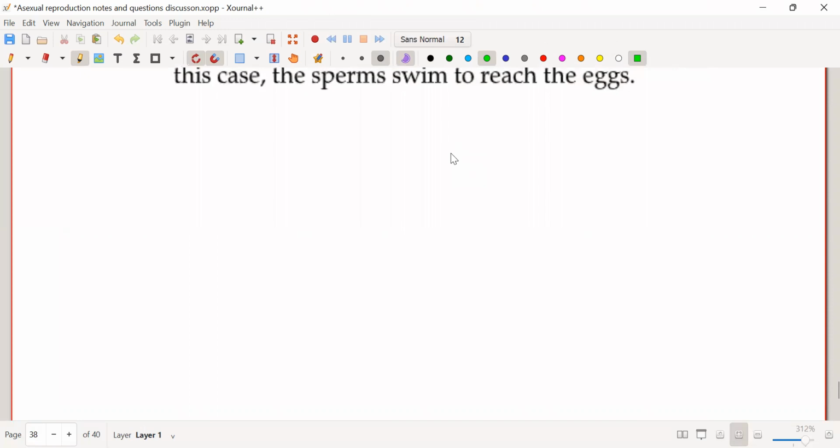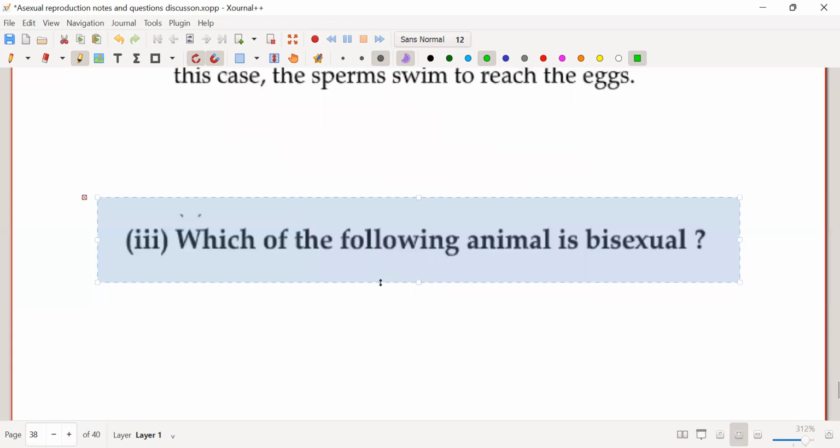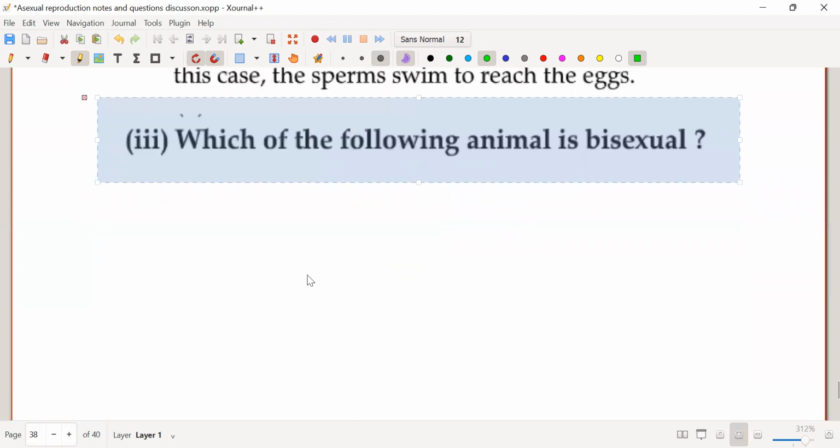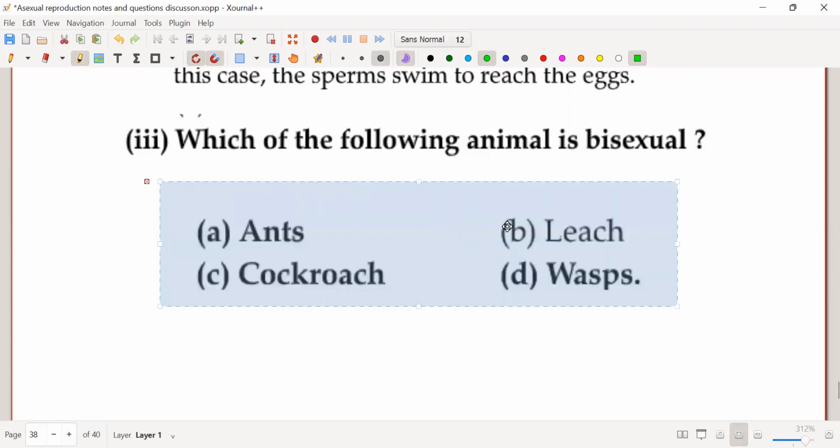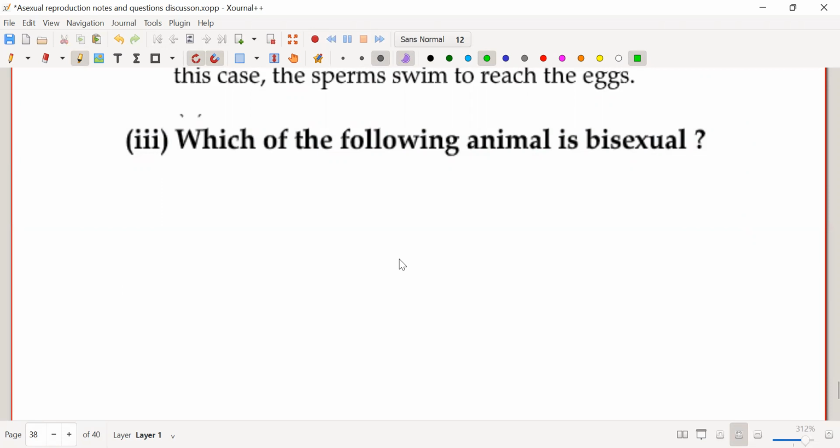The next one. Which of the following animals is bisexual? Ants, leech, cockroach, wasp.